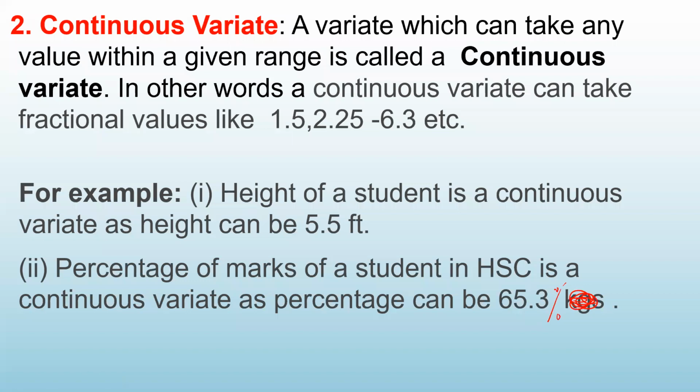So what we have understood: a discrete variate means a variate which can take only whole numbers, and a continuous variate is a variate which can take values within a given range. So it can take values which are decimal also. So these are the examples.